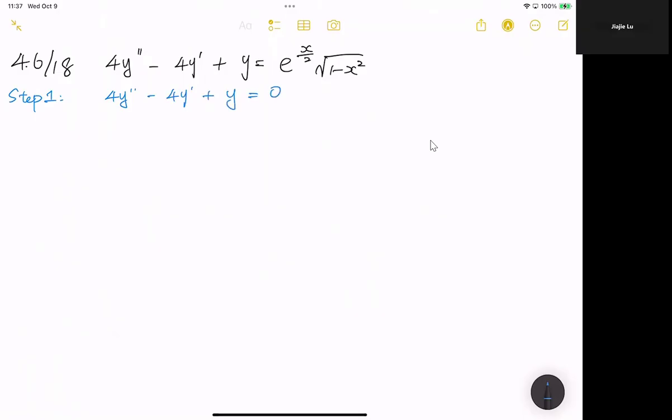And we solve this by auxiliary equation, replacing y double prime by m squared, y prime by m, and y by 1. This gives us 4m squared minus 4m plus 1 equals 0. And actually the left-hand side is nothing but (2m minus 1) squared equals 0. And that gives us m equals a half. So again, two repeated roots.